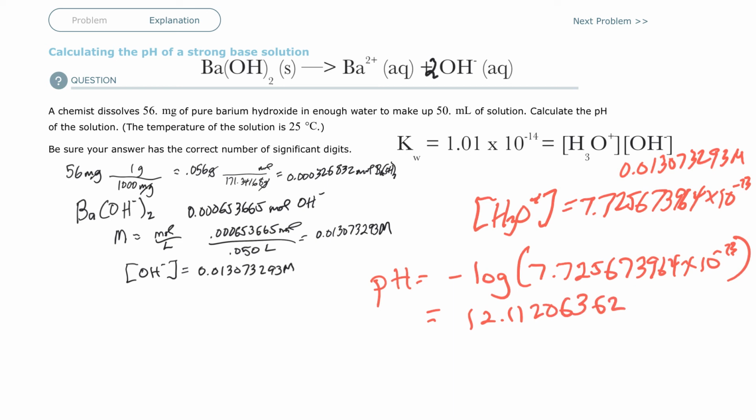And then I have to remember that the number of significant digits I have at the top, which is 2 here and 2 here, when you're translating them into pH, refer not to the total number of significant digits, but the digits after the decimal point. So if there's 2 here, I have to have these 2 digits here. So my final answer is that the pH is equal to 12.11. Lots to chew.